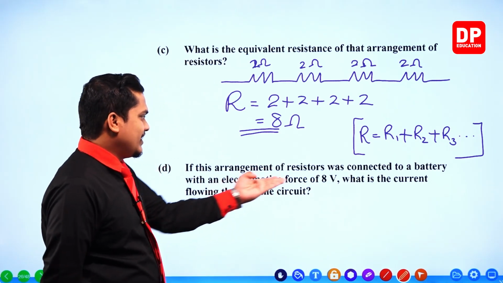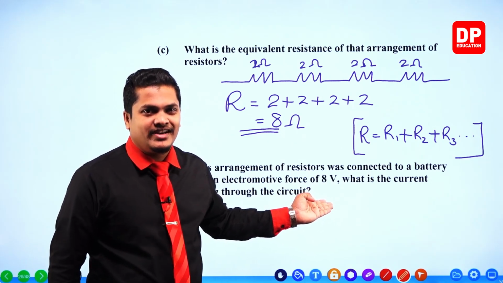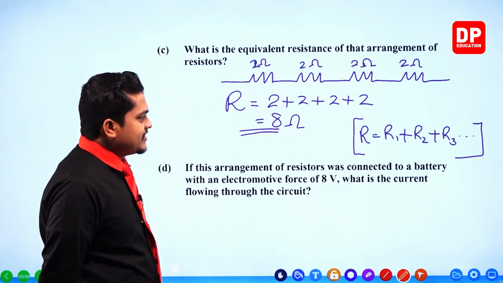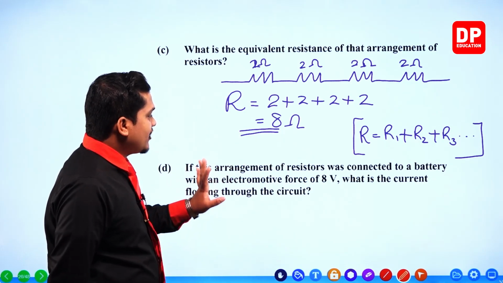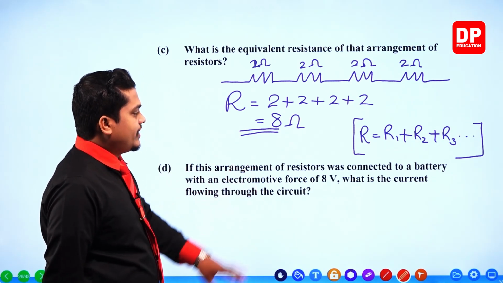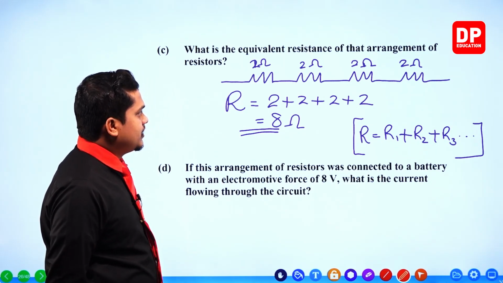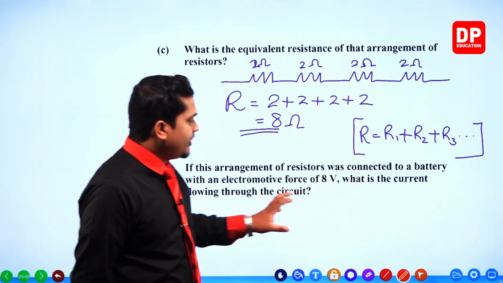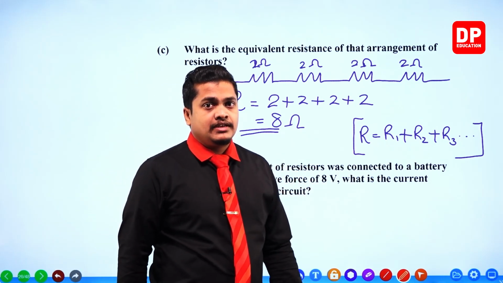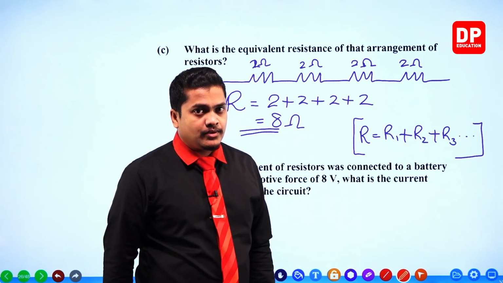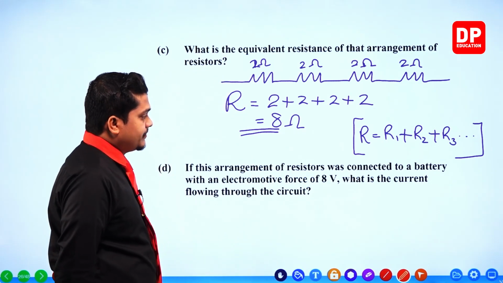So that's why it is measured in volts over here. You are given the question: if the arrangement of resistors was connected to a battery with an electromotive force or voltage of 8 volts, what is the current flowing through the circuit? So this setup has been connected to 8 volts. You need to find the current passing through the circuit.